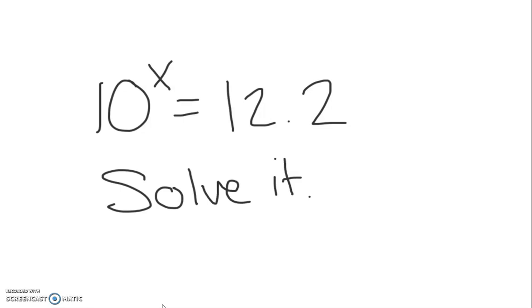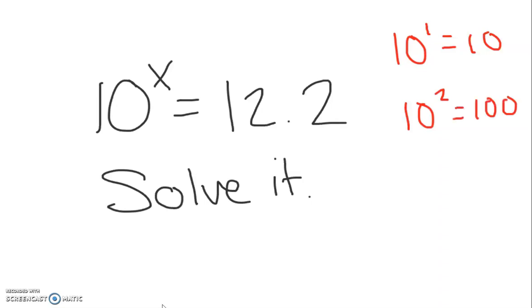So you have 10 to what power equals 12.2. If you had 10 to the first, you know that's 10. And 10 squared equals 100. So you know it's somewhere in between 1 and 2, right?